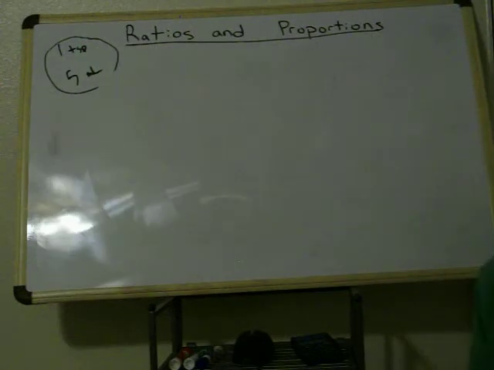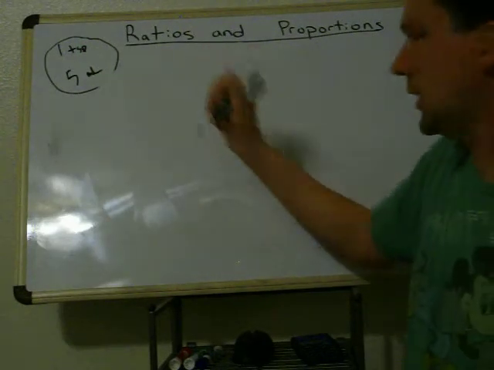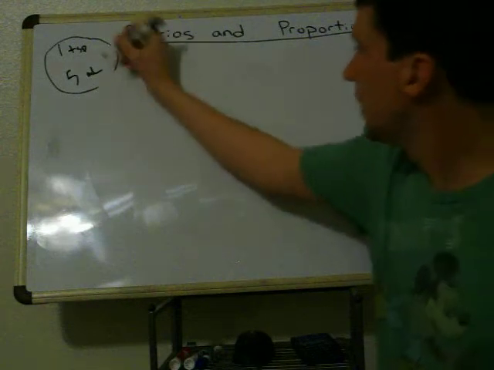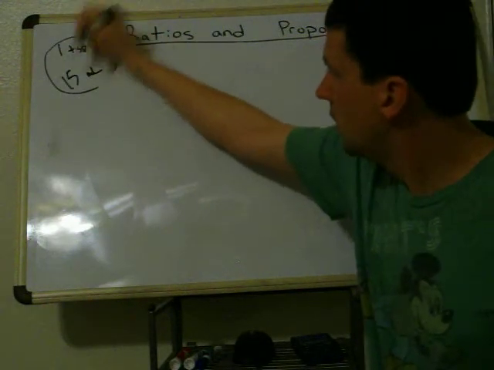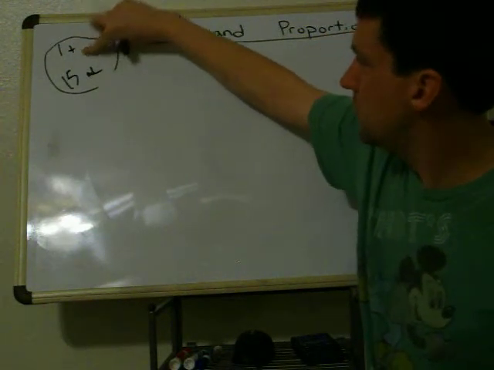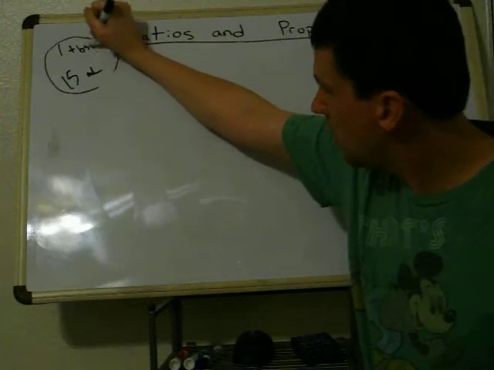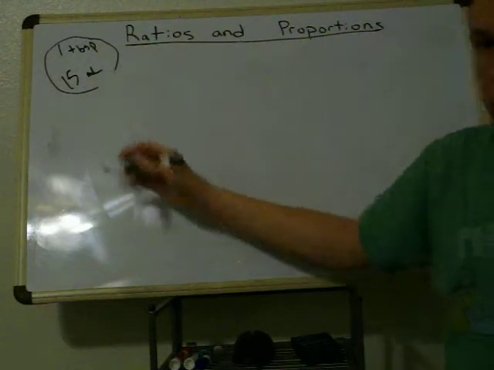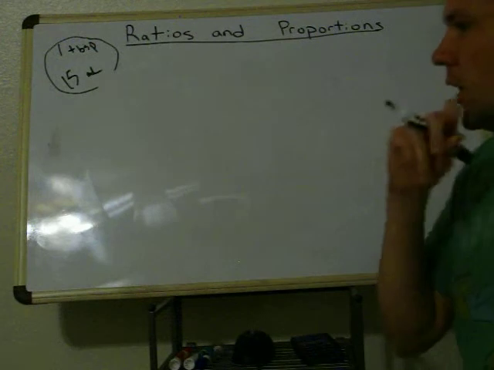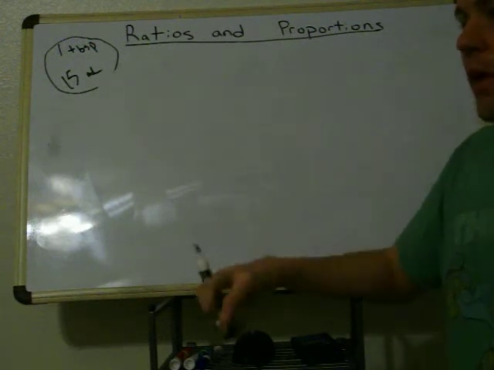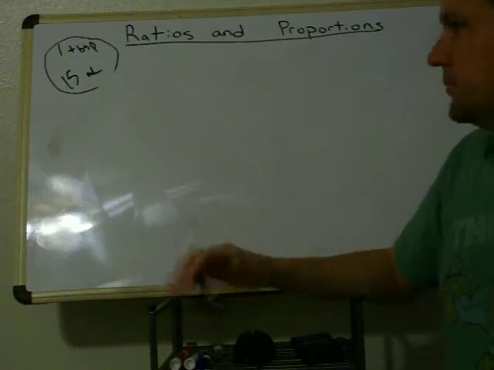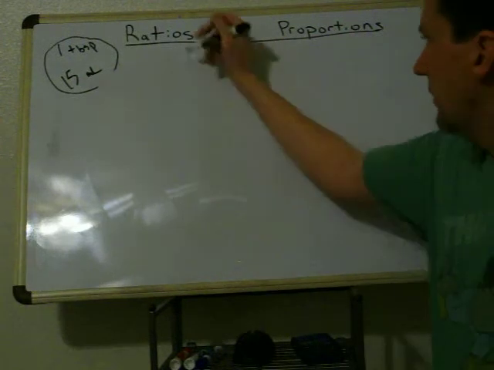Okay, let's do another example. Let's use tablespoons this time. So for every 1 tablespoon we have 15 milliliters. Alright, and we want to know how many milliliters are in, let's say, 5 tablespoons.